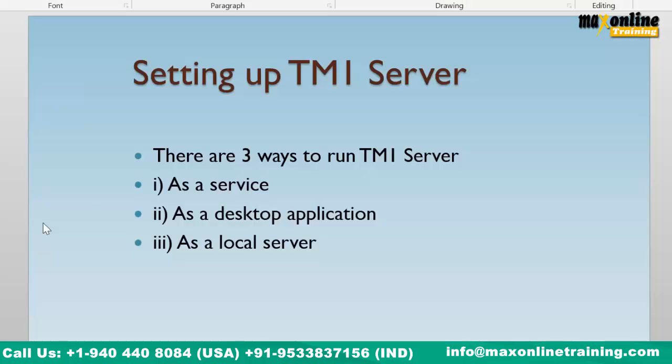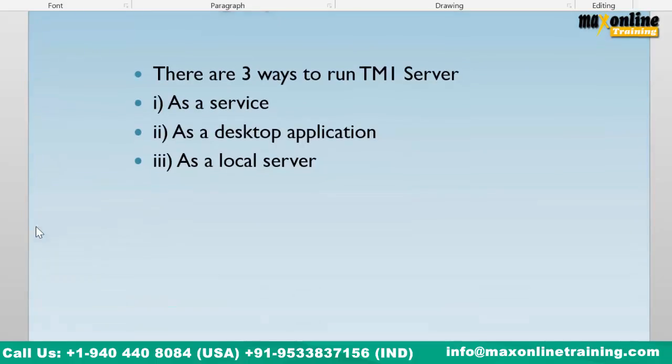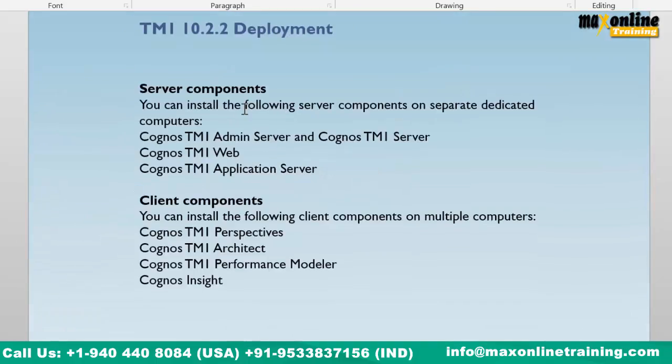Okay, that is as a desktop application server. We got this as a desktop application server. Okay, remaining 2 we'll discuss down the line, but let us move forward. As we see in this screenshot, these are all the server components and these are all the client components.